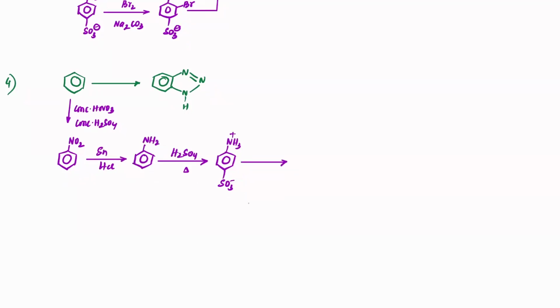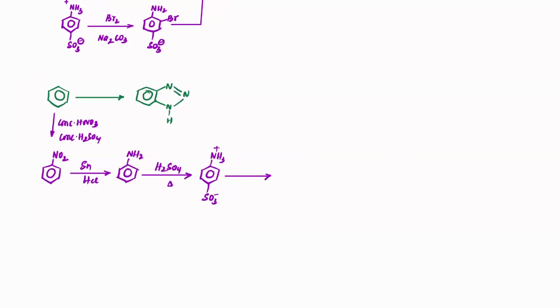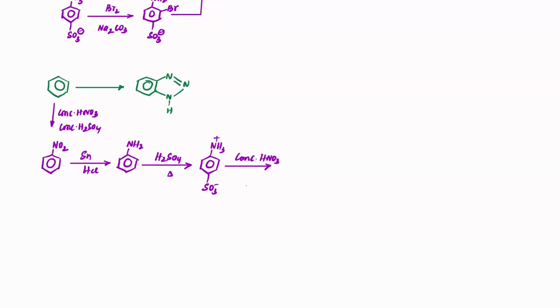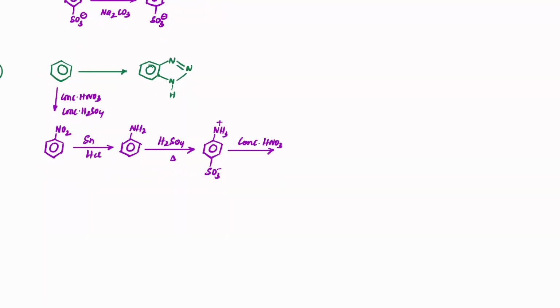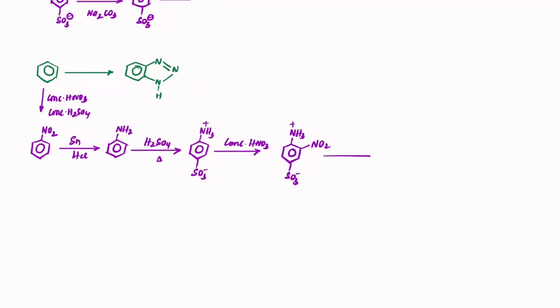Now when you treat this with concentrated HNO3, nitration will happen here. So with that, we'll get NH3 plus, with nitration at this position, NO2 and SO3 minus. And you perform this with dilute H plus and heat.